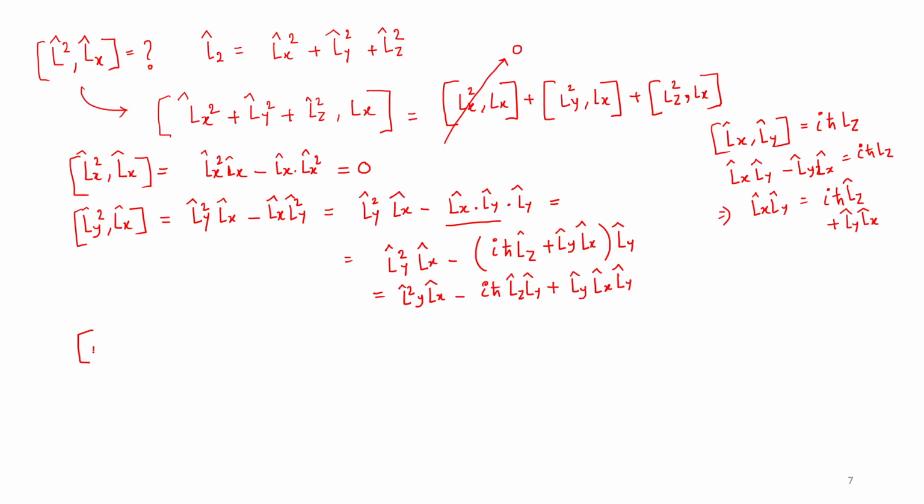Similarly, what will happen to Lz square Lx, the third part? Lz square will do a similar thing here also. We will keep this part as it is, like the previous manipulation. Here it is Lx Lz.